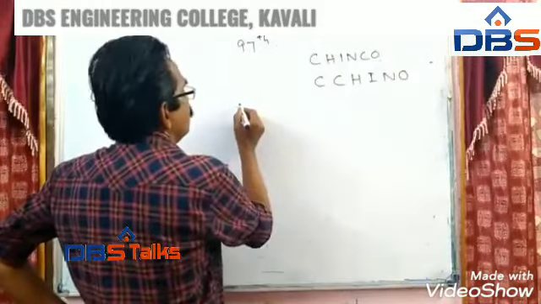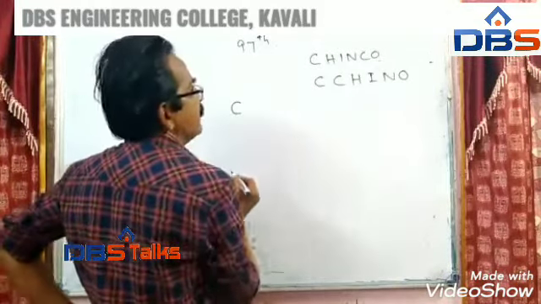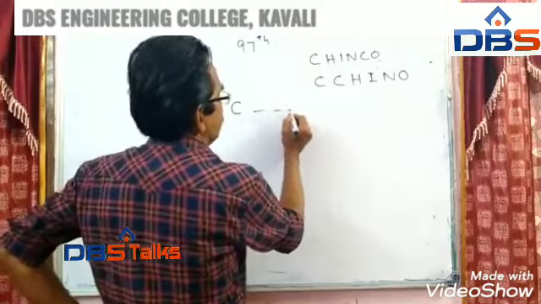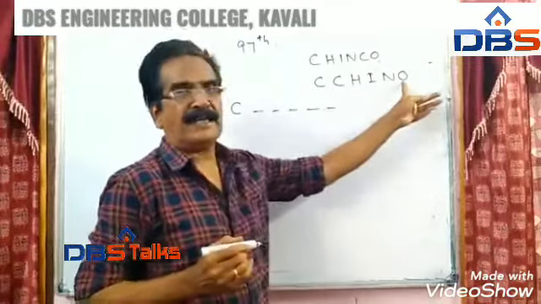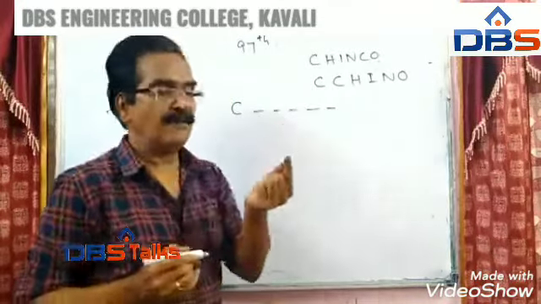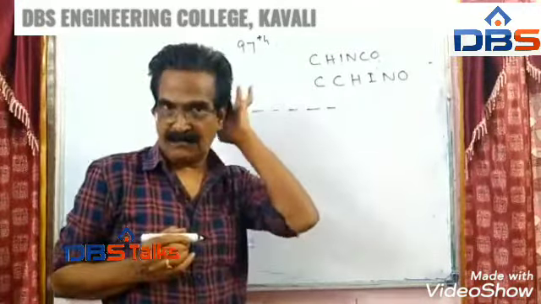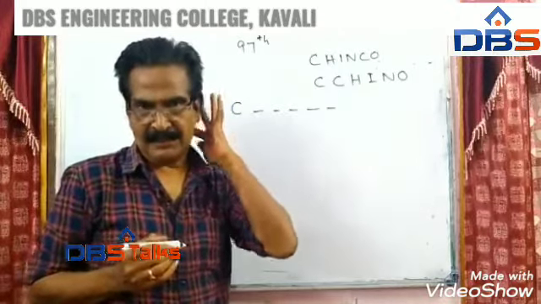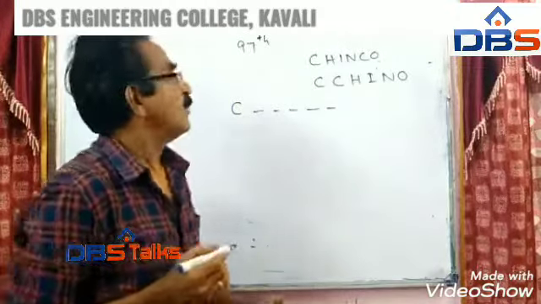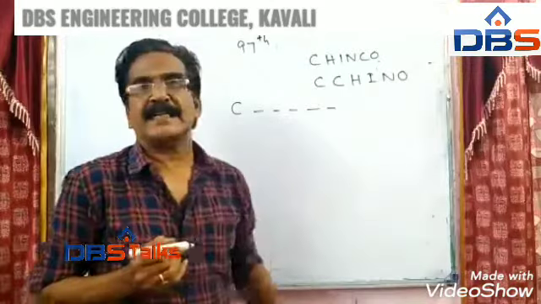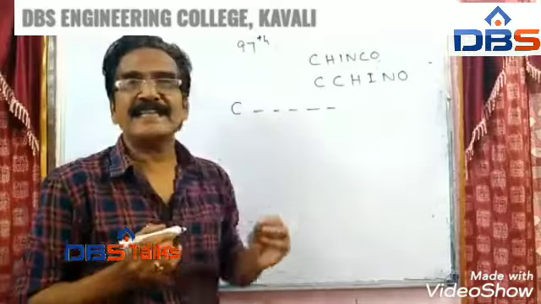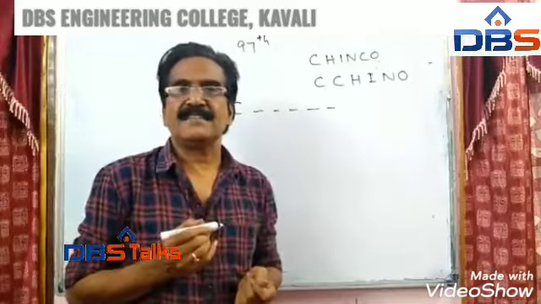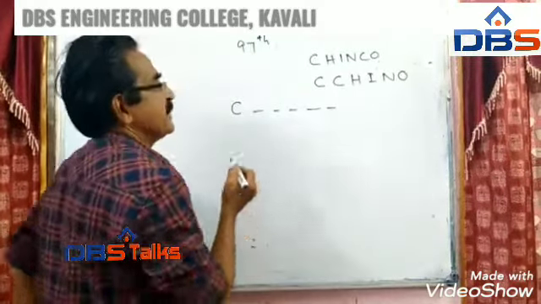If we place C in the first place, the remaining 5 letters can be filled in 5 factorial, that is 120 ways. So we have to take the second letter also, because we want the 97th word.